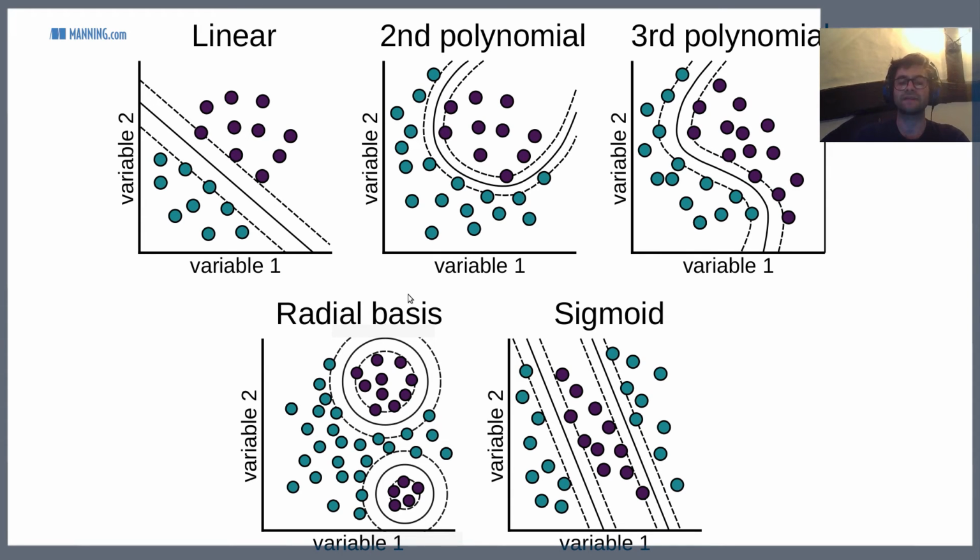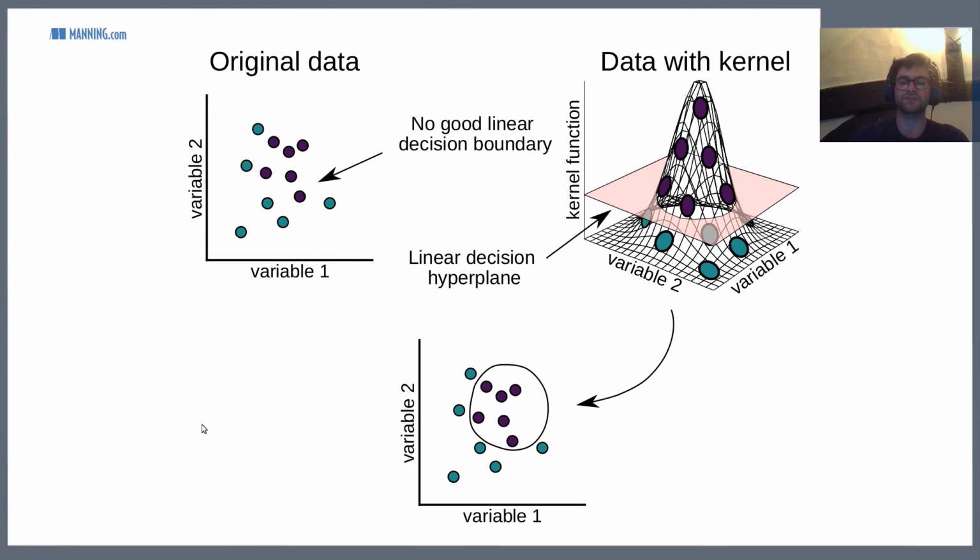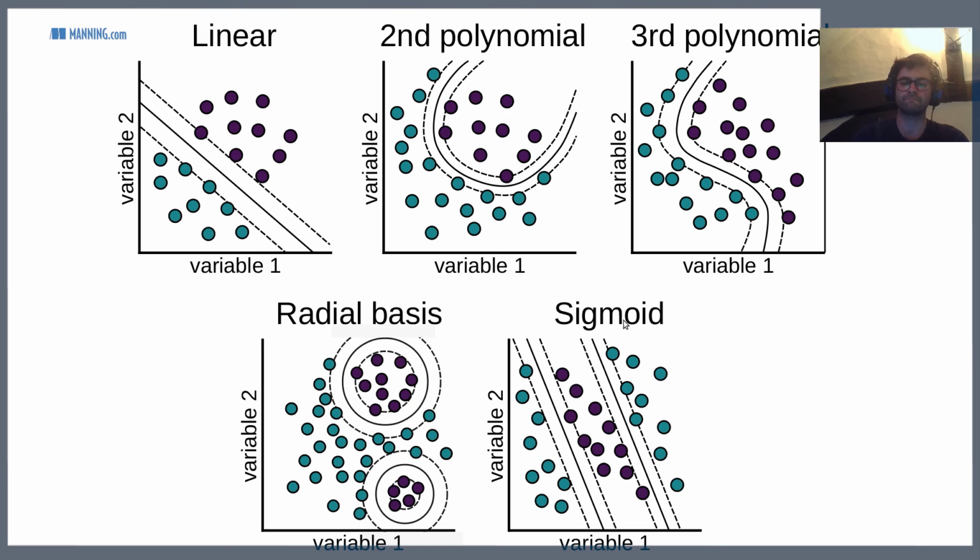The radial basis kernel, which is the default, is very, very good at identifying distinct islands of cases that belong to particular classes that may be surrounded by cases in other classes. And actually this here is an example of what a radial basis kernel might look like.